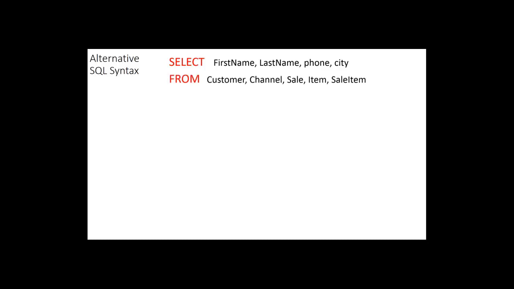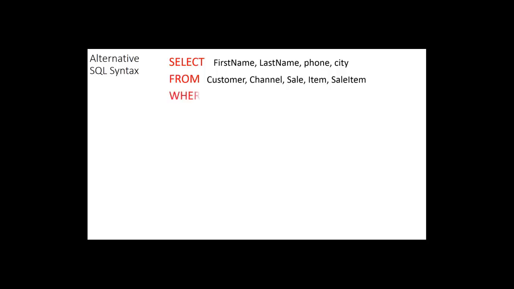Now we'll look at alternative SQL syntax. Selecting the same fields from those tables. Just list the 5 tables we have here, separated by comma and space. And then we use pairs of primary foreign keys one by one.